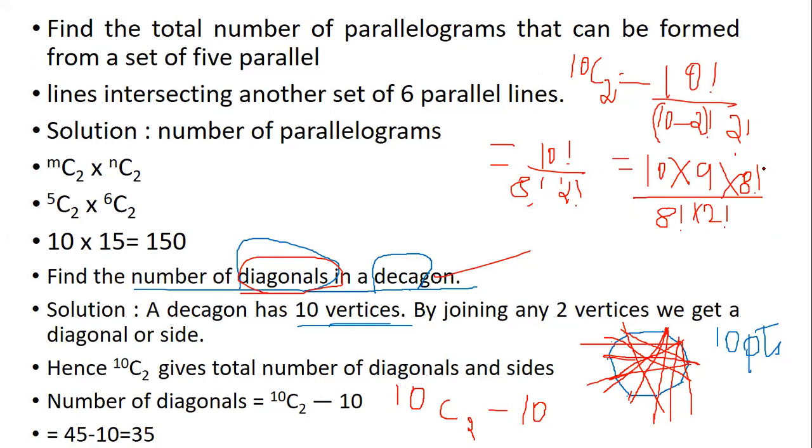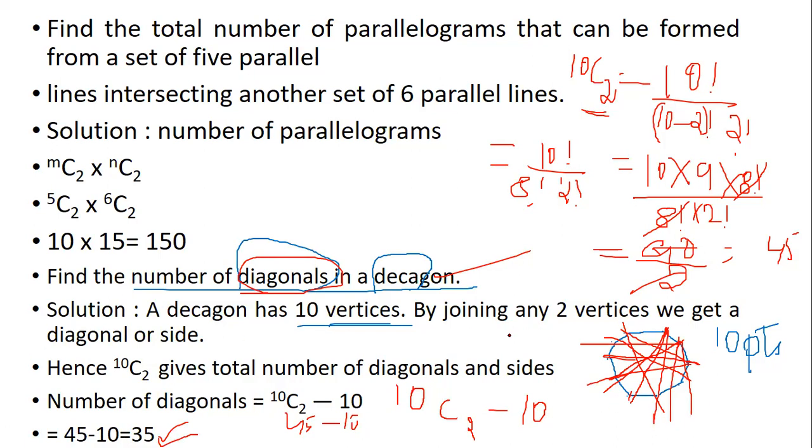So I can cancel 8 factorial and 8 factorial. So I have 10 nines are 90 divided by 2, which is nothing but 45. So if I solve 10C2, I get 45 and then I have to subtract 10 from that. So I get 35 diagonals which I can form in a decagon.